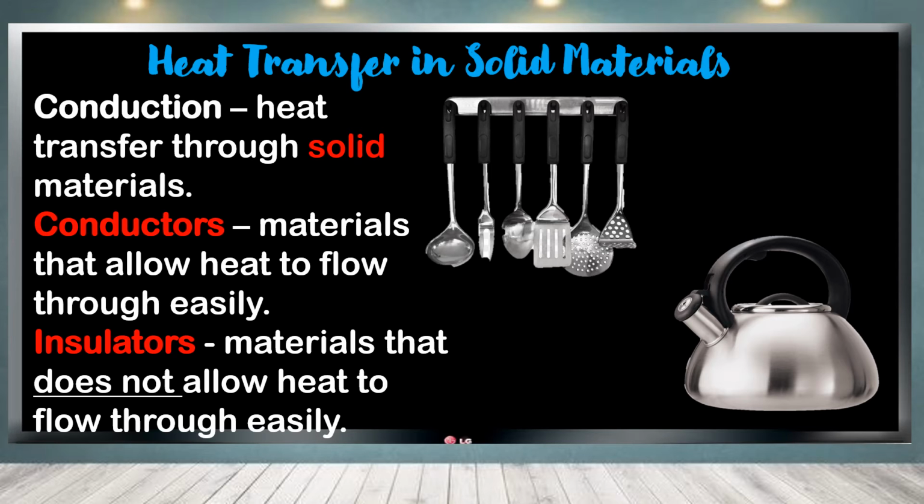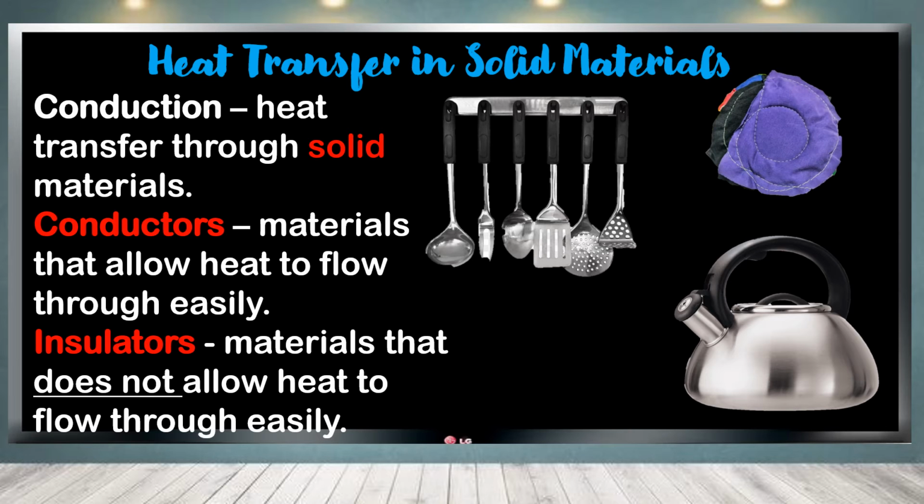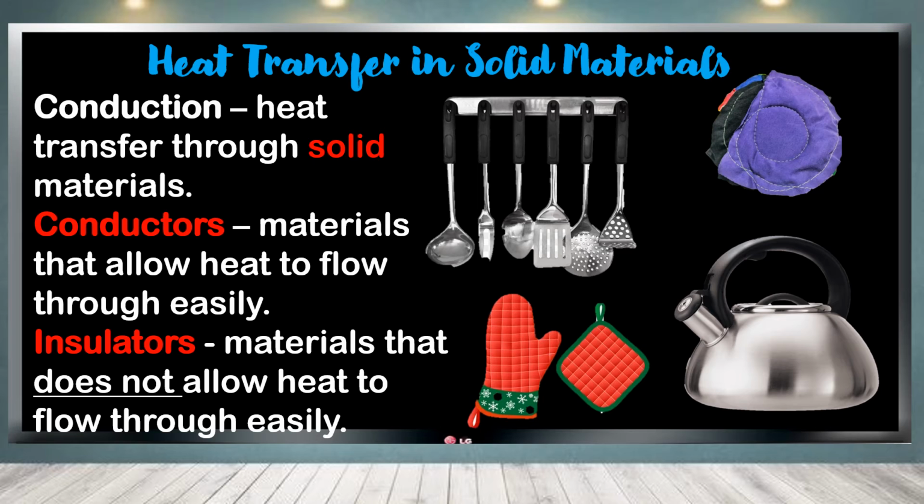The kettle's body is made of metal, which enables the water to boil faster. And it has a handle made of plastic so you do not get burned, because plastics do not allow heat to flow easily. Other examples are the rug as well as the pot holder. They are called insulators.